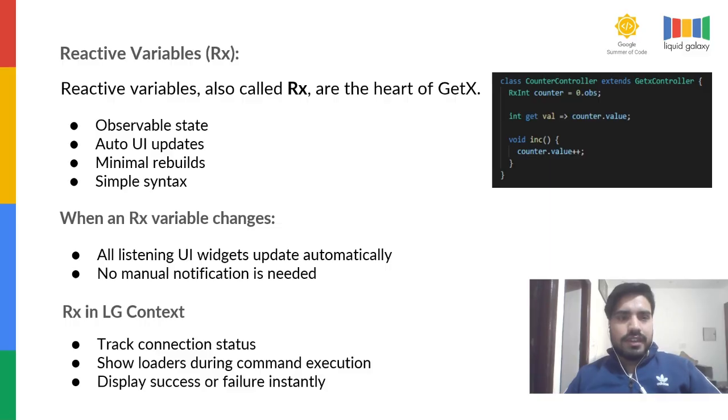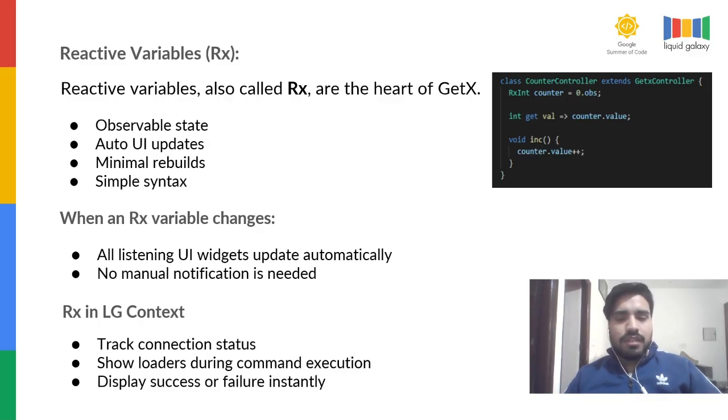So next is a reactive variable. A reactive variable is also called Rx, and it is the heart of GetX. In this picture, you will clearly observe Rx int is a reactive variable. In a GetX controller, we define data types using Rx like Rx int, Rx double, Rx string. In this way, we define a reactive variable.